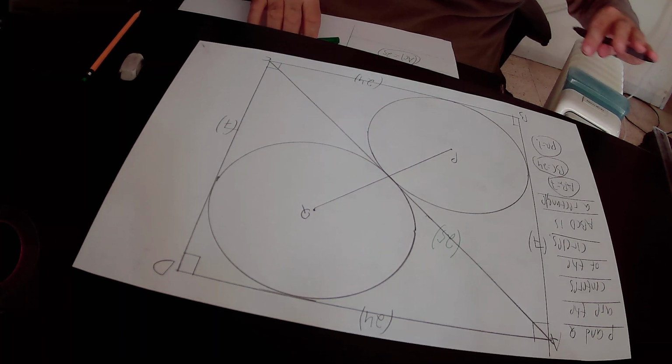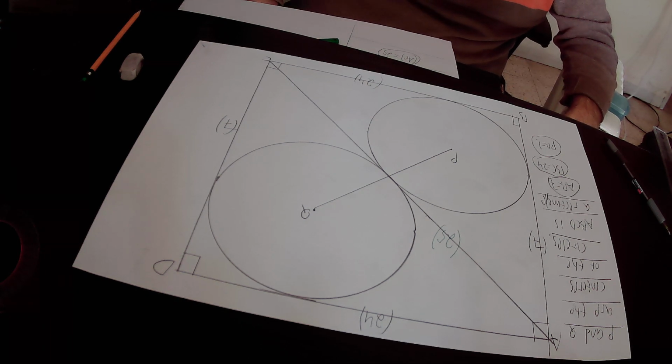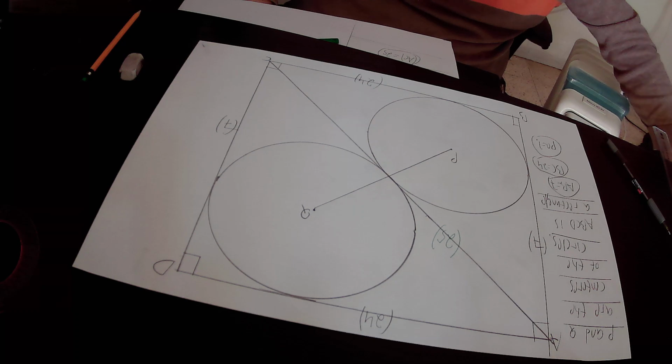In the next step we will develop a formula that will help us find the radius of any circle that is inscribed, that is blocked, by a right triangle.